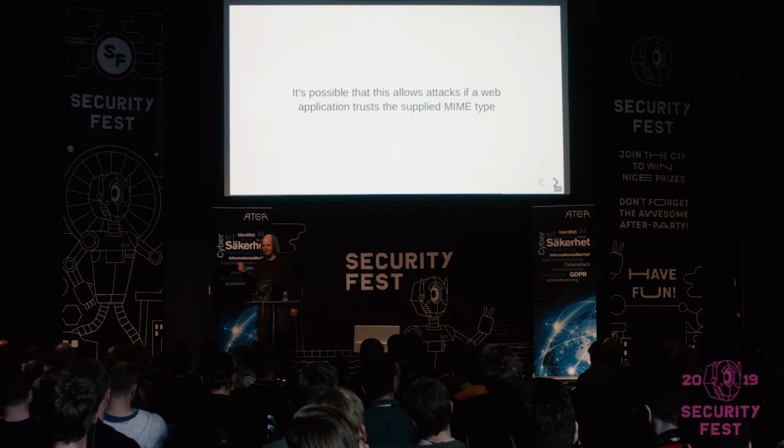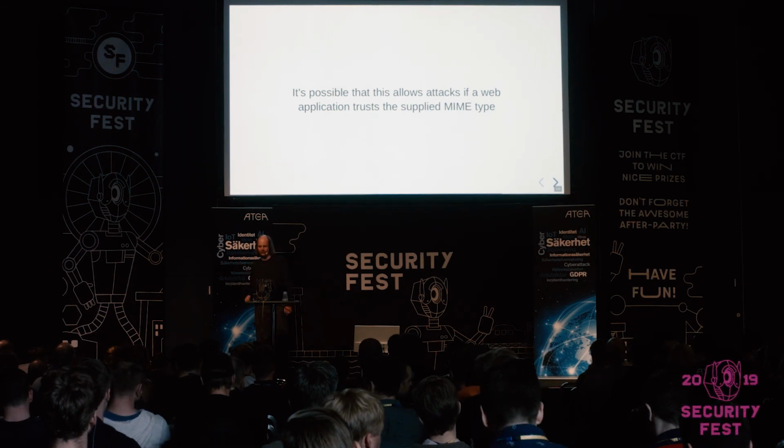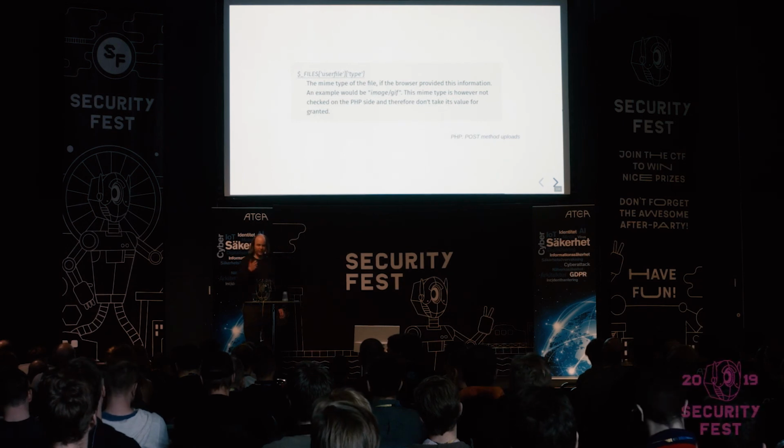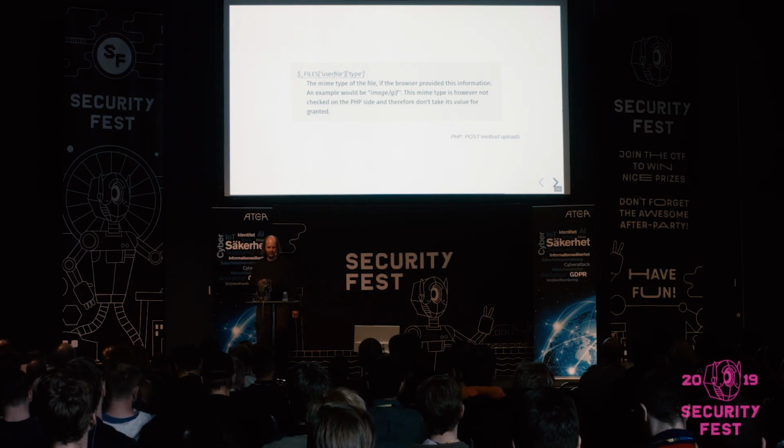But it's possible that you might find web applications that will trust this uploaded MIME type and use that to decide whether a file is safe. The PHP documentation has a specific warning for that here, where it says, yeah, this MIME type is, however, not checked on the PHP side, and therefore don't take this value for granted.